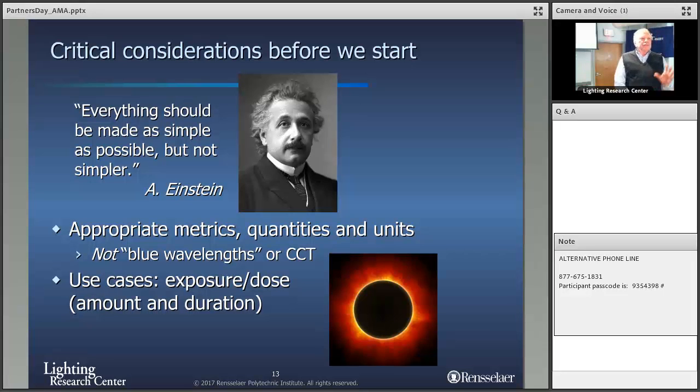Before you can make a meaningful statement about risk, you need to know how people are being exposed, both the amount and duration of light on the retina. Now, I show this picture of the solar eclipse, which was really the first time I think it was brought to the attention of the medical community of why people became blind, blue light hazard in particular.